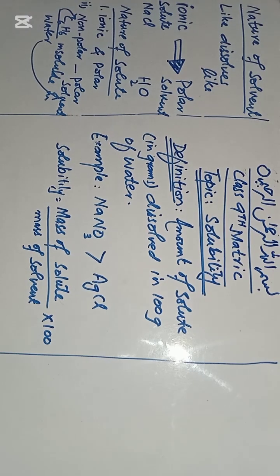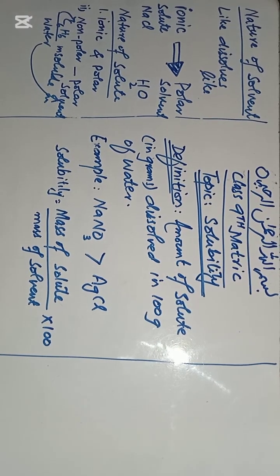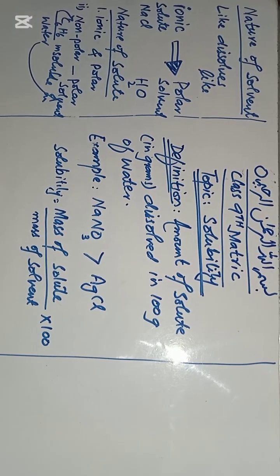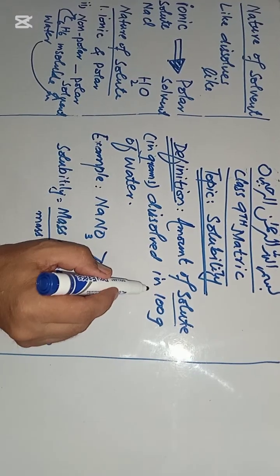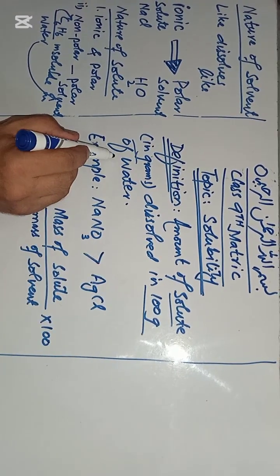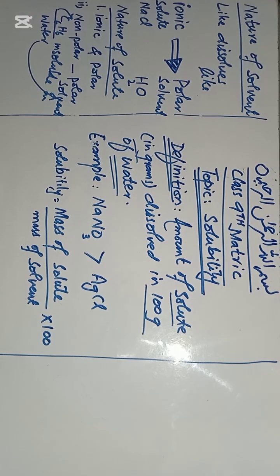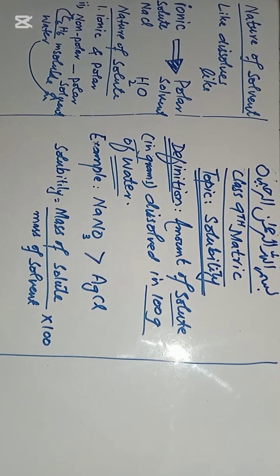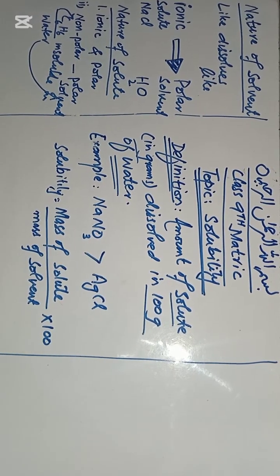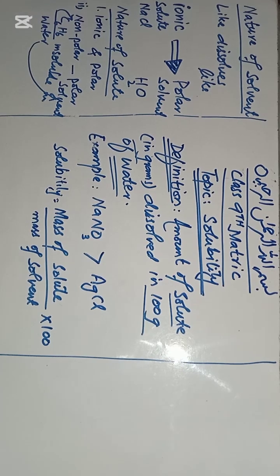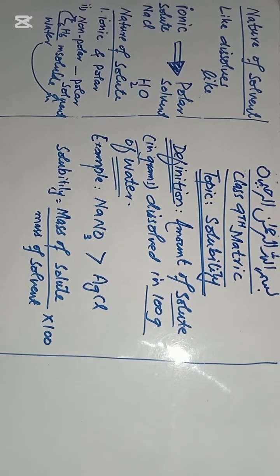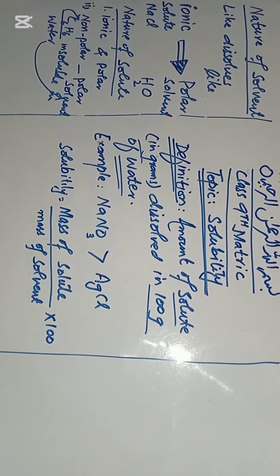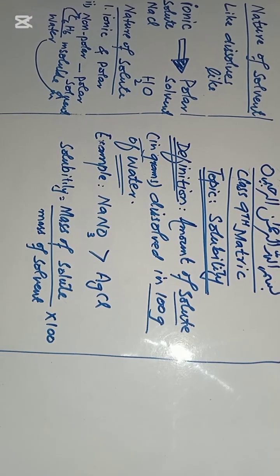Now if we are taking a little amount of these two things, they are important: the solute in grams and the grams of solvent or water, especially in water. So these two things are important. For example, we say that sodium nitrate, keep it in mind that all nitrates are soluble in water.